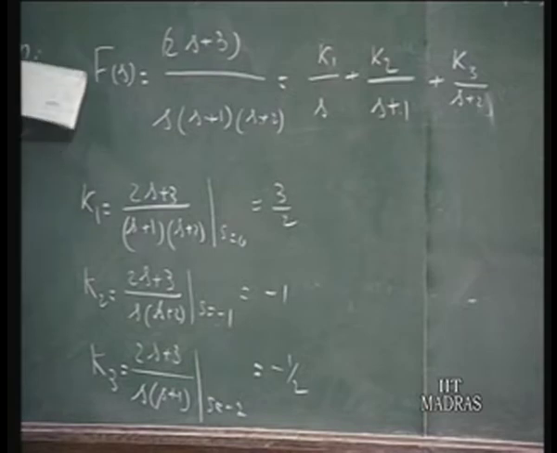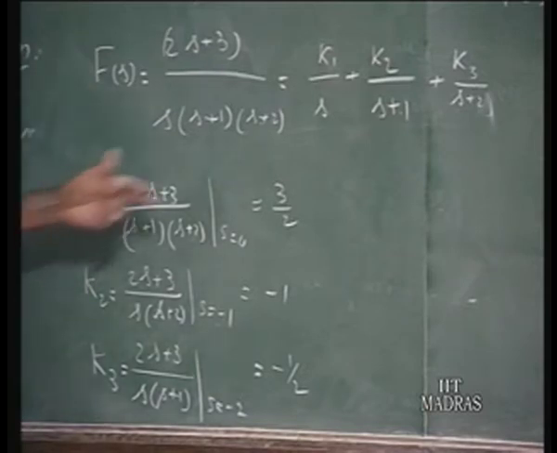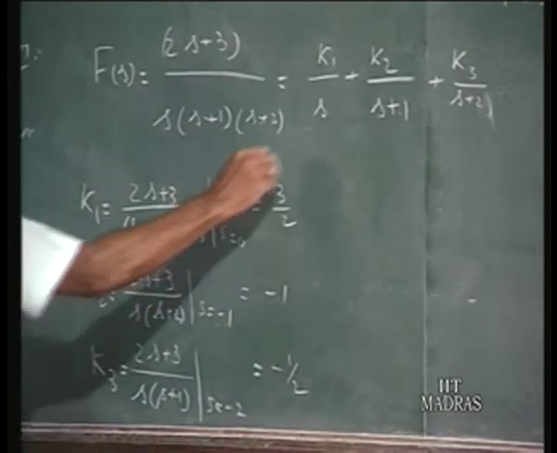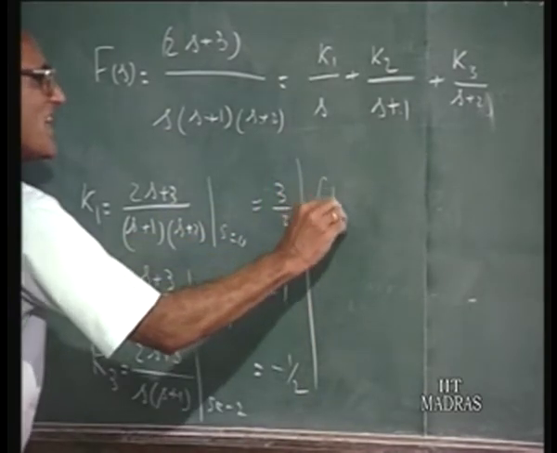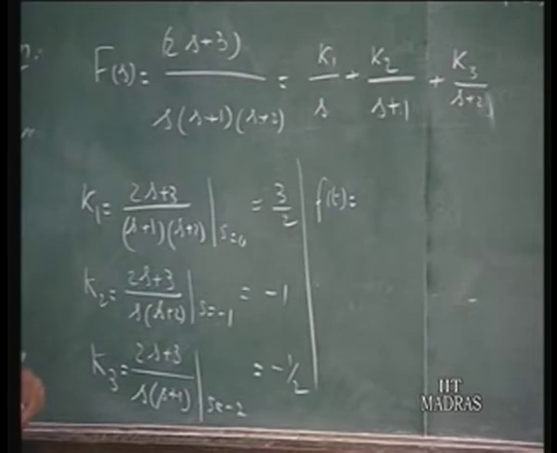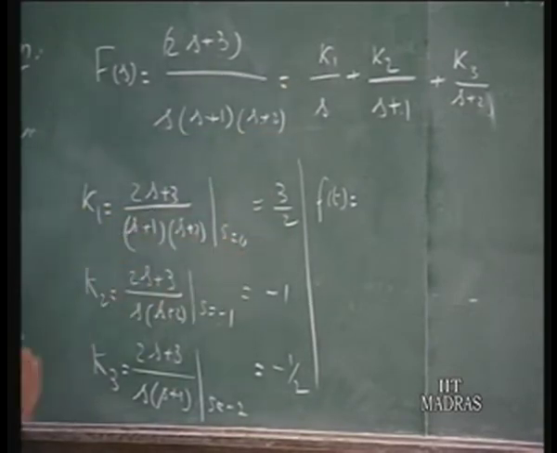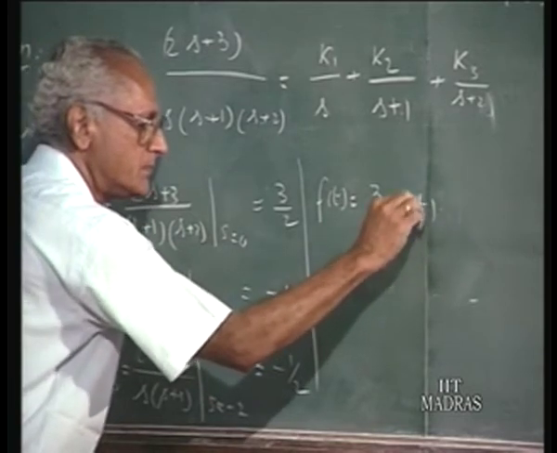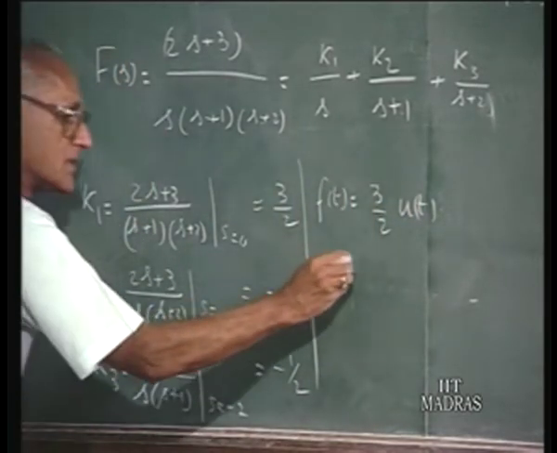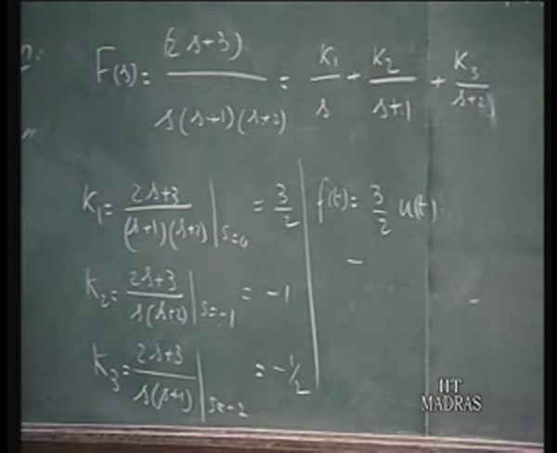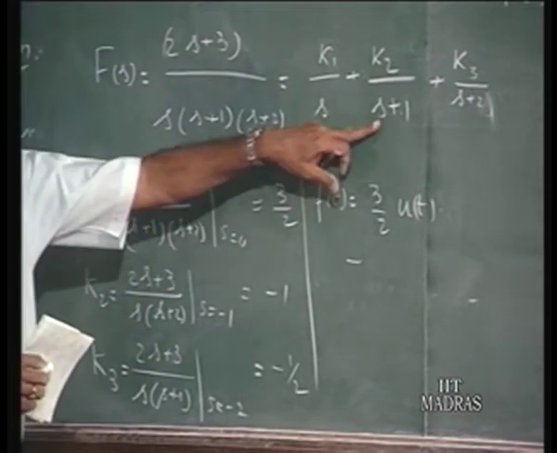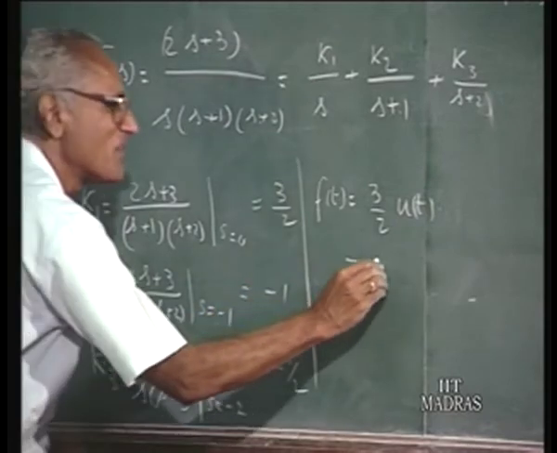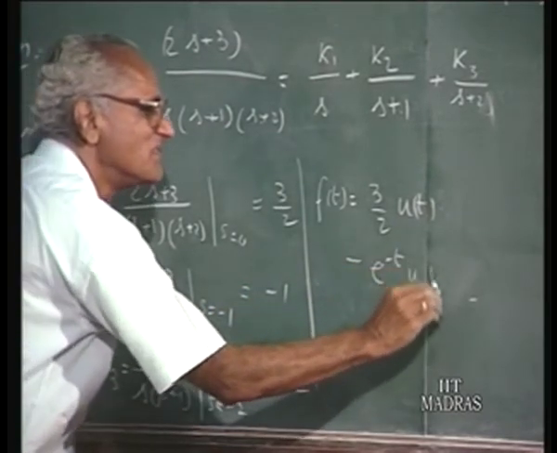So, the partial fraction expansion of F(s) leads to these 3 terms K1, K2, K3, which are evaluated like this. From this f(t) can be obtained as K1 by s, 3 by 2 upon s, it corresponds to 3 by 2 u(t), plus K2 upon (s plus 1), this corresponds to K2 e to the power of minus t. K2 is minus 1, therefore, minus e to the power of minus t u(t).